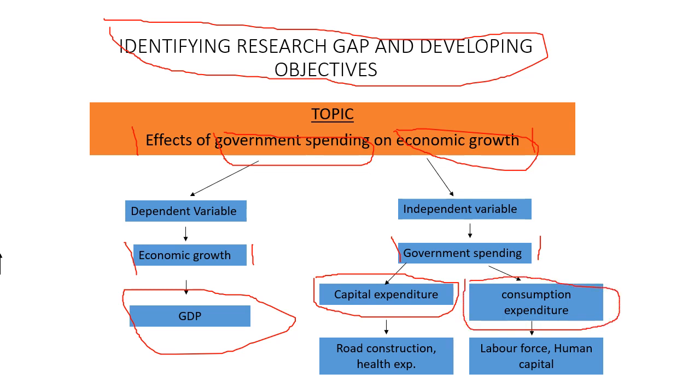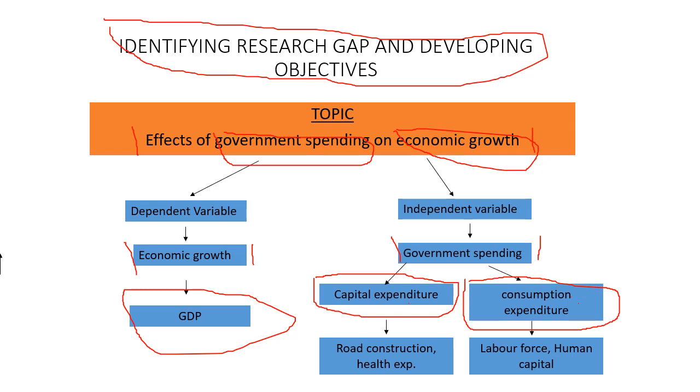So you can see that we are breaking down government expenditure, or government spending, into minor clusters. So now you have government capital expenditure, and we have government consumption expenditure. So government spends on these areas.